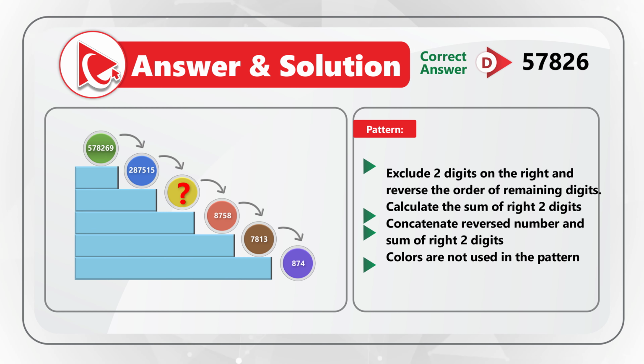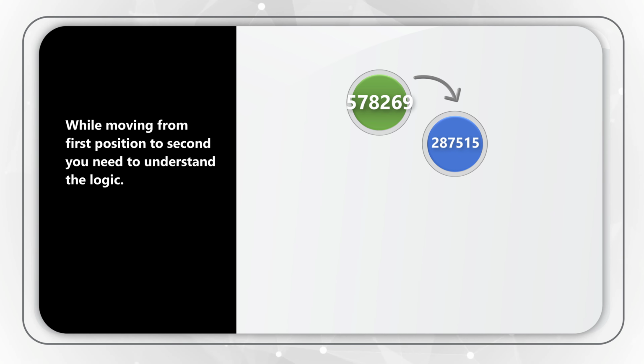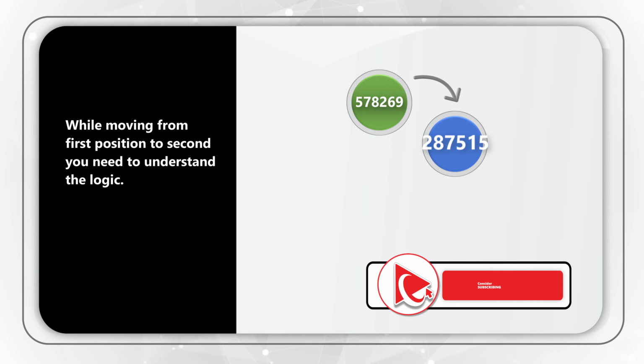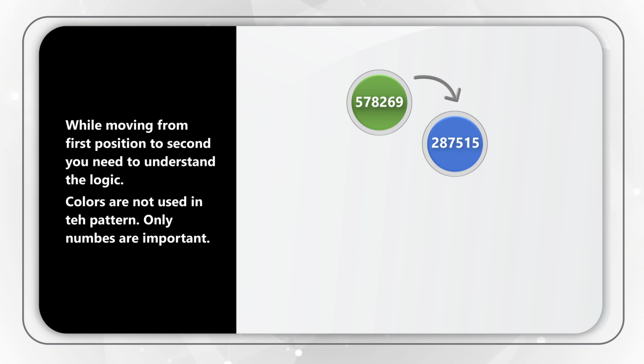As the ball rolls from the first position to the second, and we transform from digits 5, 7, 8, 2, 6, 9 to digits 2, 8, 7, 5, 1, 5, we need to understand the logic. As you might have suspected, the colors are not used in the pattern, and they're there just to deceive you. Only numbers are important.